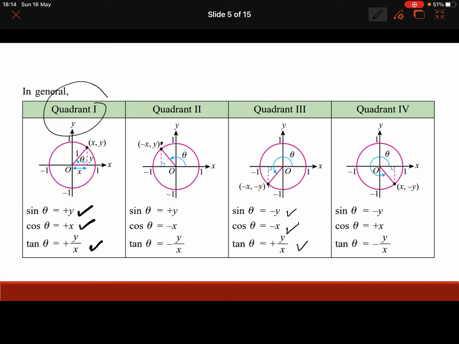And here in the fourth quadrant, we have a positive value of x, so that's why our cos here is positive. Then our sine is negative, that's why our tan is negative. I hope you can understand this table, and if you don't, then you can just ask me during the class.